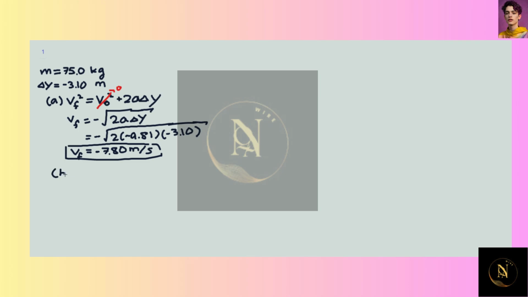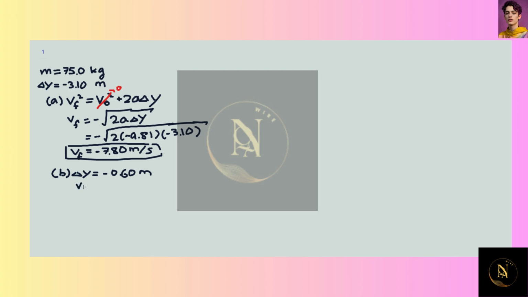Good. And then part B, he then touches the ground and then bends his knees such that his center of mass moves another a little more than half a meter, 0.60 meters.